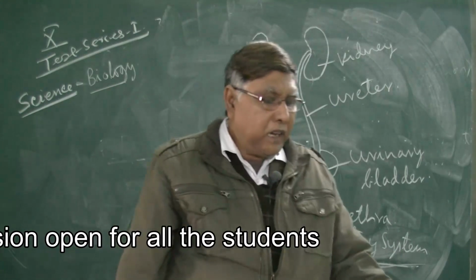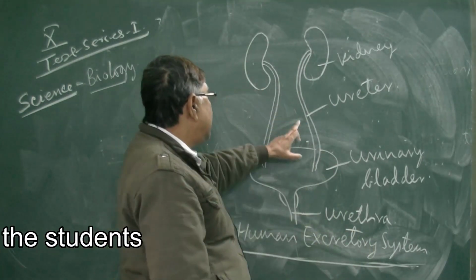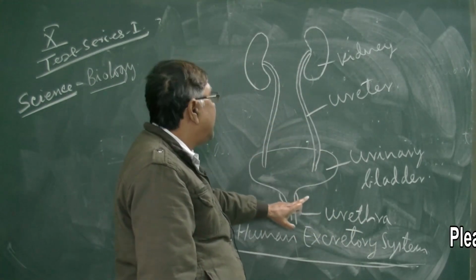Main excretory organs are the kidney, ureters, urinary bladder and urethra.